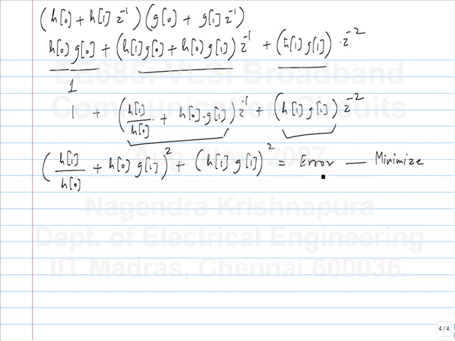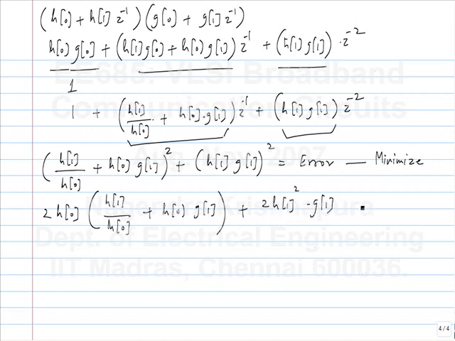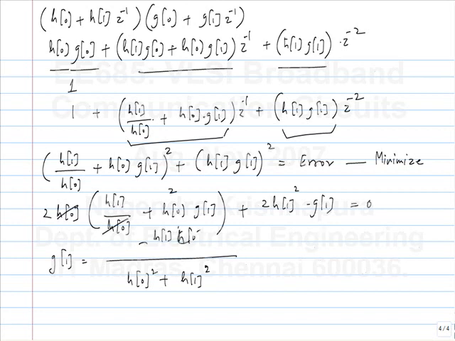And what is the derivative of this with respect to G1? 2 times this times H0, and I make this equal to 0. So what do I get for G1? Minus H1 by H0 square. What's the numerator? No, there is something wrong with this. This is minus H1 times H0 times H1, so it is correct actually. G1 is minus H1 by H0 square plus H1 square.